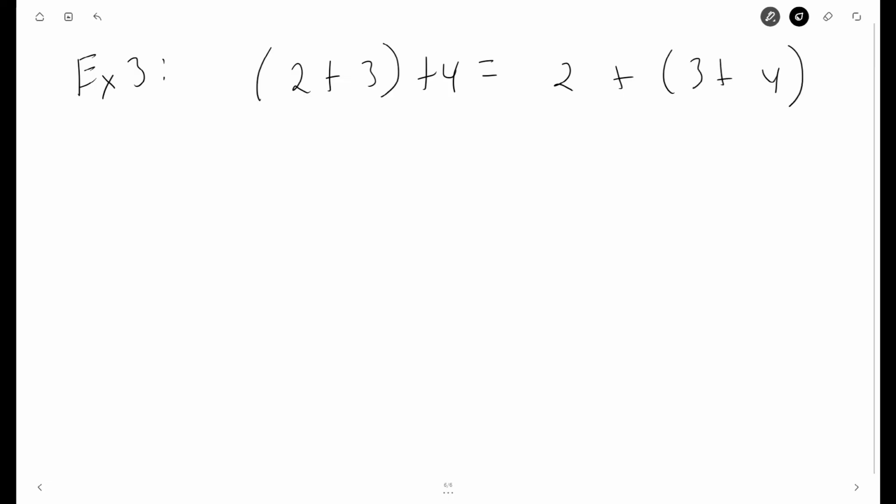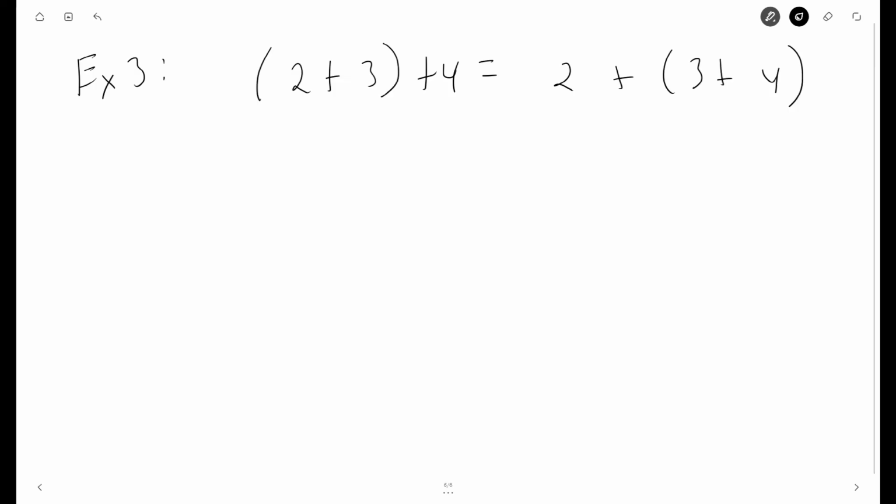Let's do example 3. Let's say we have something like (2 plus 3) plus 4, and that's equal to 2 plus (3 plus 4). So what this is saying is that the grouping of the addends changes. For example, 2 and 3 are grouped here, and then here we group 3 and 4.